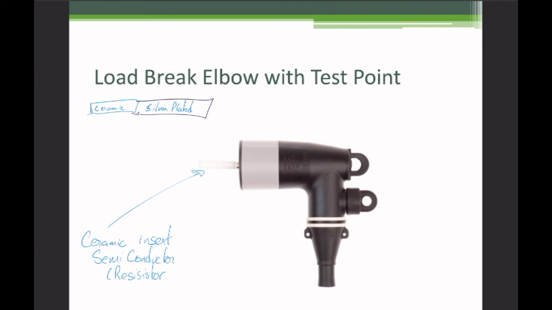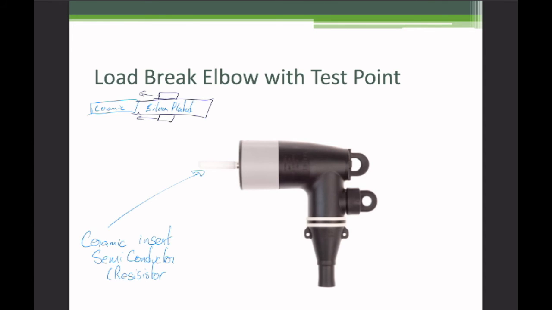And so when things are fully inserted, the contacts rest over here on the silver plated pin. As the contacts are withdrawn, they begin to slide along this way as the elbow is pulled out. Now, once they hit the ceramic piece, all of a sudden the resistance starts to climb.